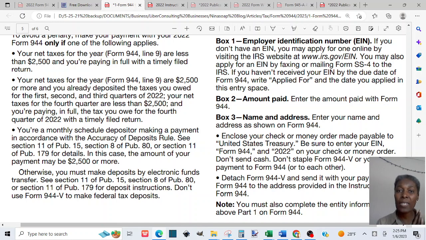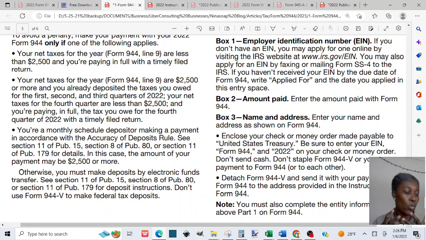If you have other worksheets, attachments, or other forms that went with that Form 944, you staple them together. You'll have your Form 944-V, the voucher, separate from Form 944, and then you'll have your check. So you'll have three things in the envelope: the Form 944, Form 944-V, and the check or the money order.